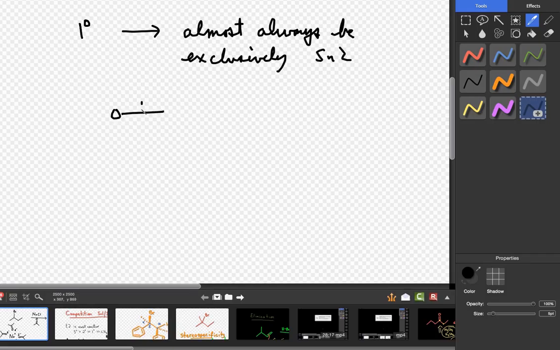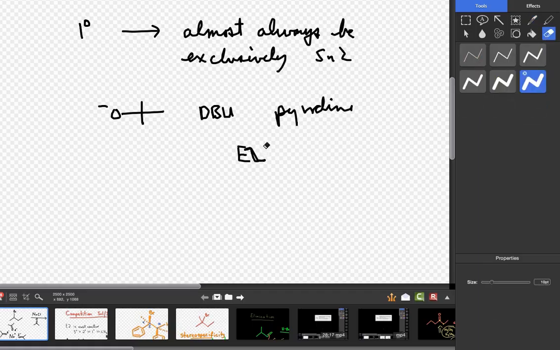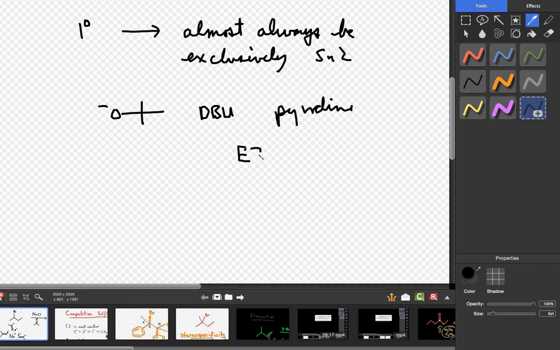So like t-butoxide, or DBU, or pyridine. I can make these E2 mechanisms. So that's the competition we see between substitution and elimination with a variety of different substrates.